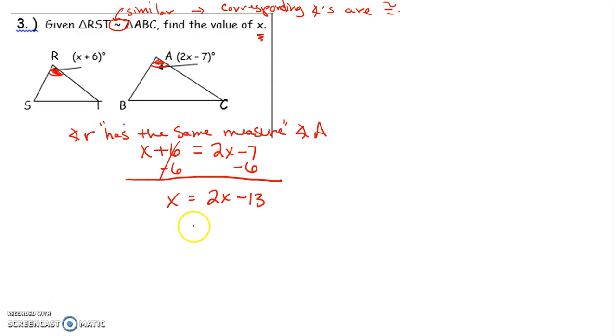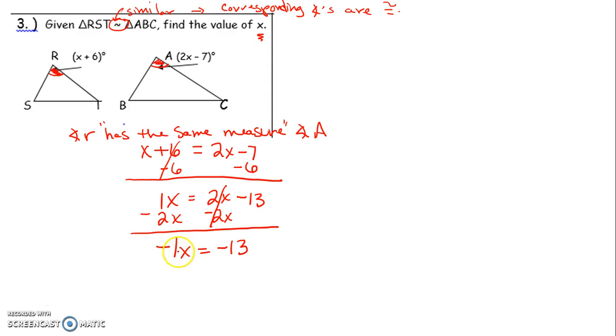And now I've got to move all my x's over to the left. First of all, the coefficient of that x is a 1. If I want to move the 2x to the left, I'd subtract 2x over here on the right-hand side of the equal sign. So I must also subtract 2x on the left so that the two sides remain equivalent. 1x minus 2x is negative 1x equals, I still have negative 13 on this side.